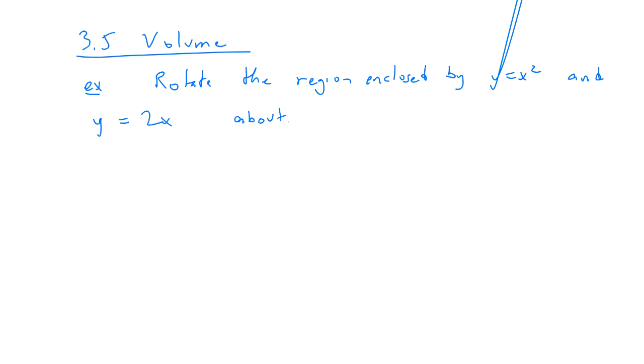So we're going to rotate the region enclosed by y equals x squared and y equals 2x about some region. And this is in some ways a reminder that I can make you do little calculations to figure out where the region is. So for example, here, it's pretty easy, but there's our region. And you just have to get that point.